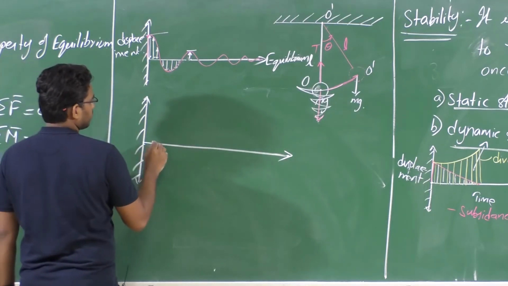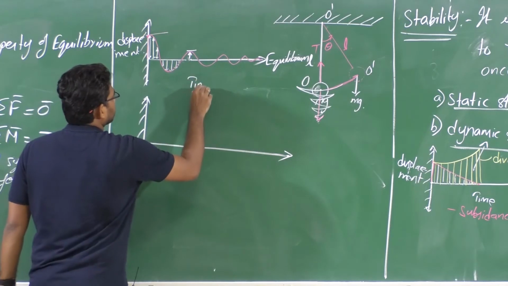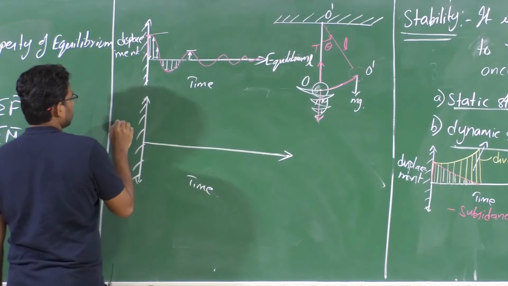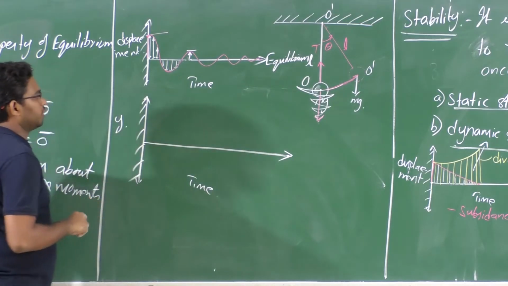So again, this is displacement and this is time. The x axis is time and we have displacement on the y axis, let us denote it by y, right?